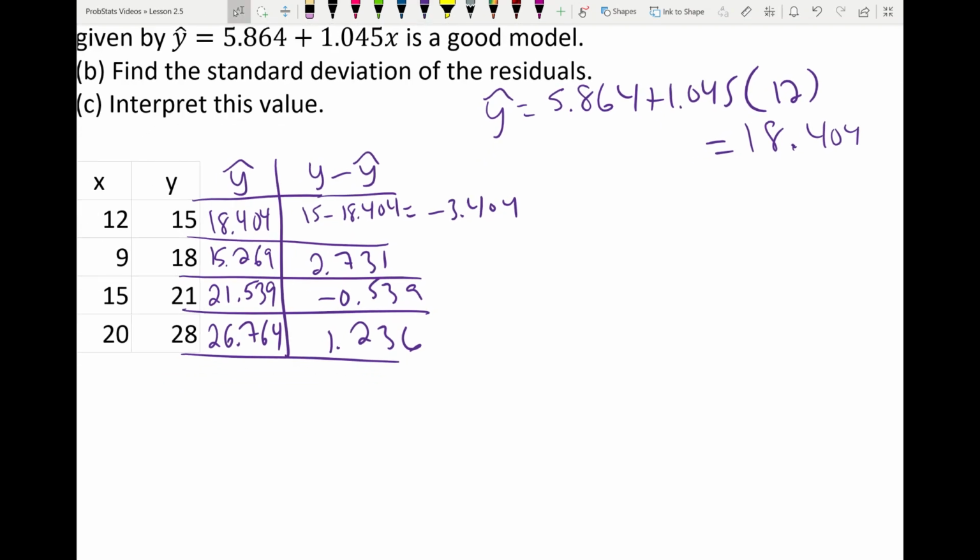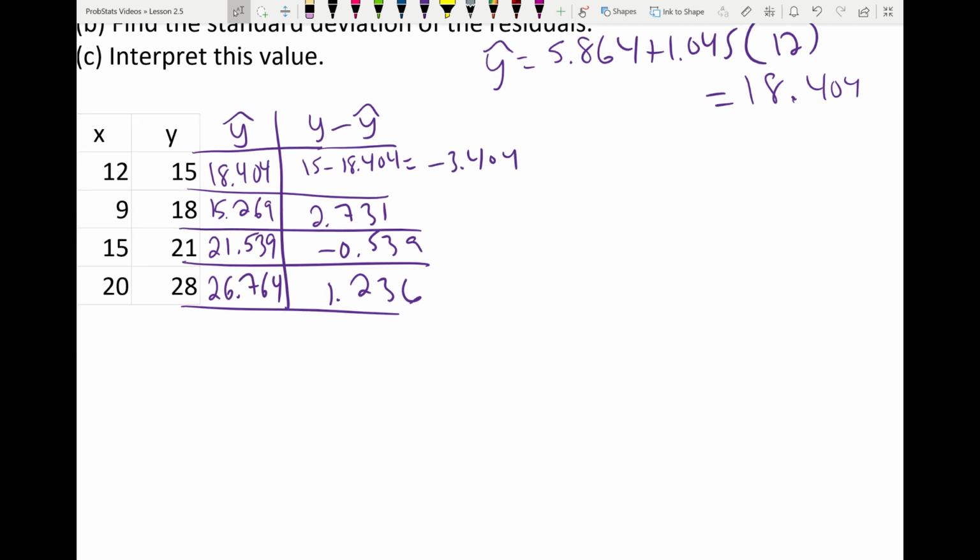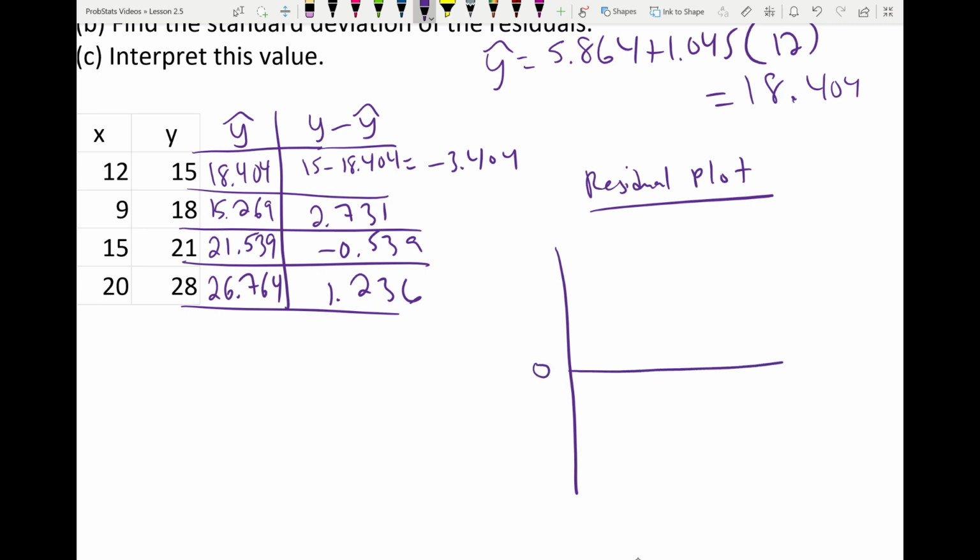Okay, so normally you want to have as much data as possible in order to make your regression or your residual plot, but here we just want to do 4 to give you an idea of how to make the residual plot. So to make the residual plot, we're going to have some negative, some positive residuals, right? So this is our 0 line, and this is our residual axis.